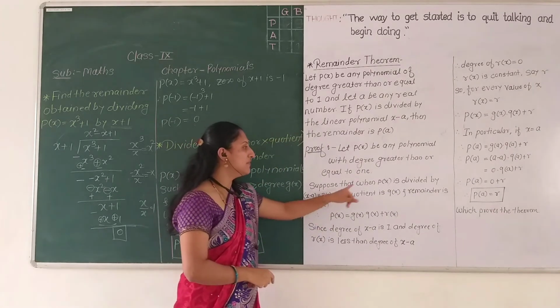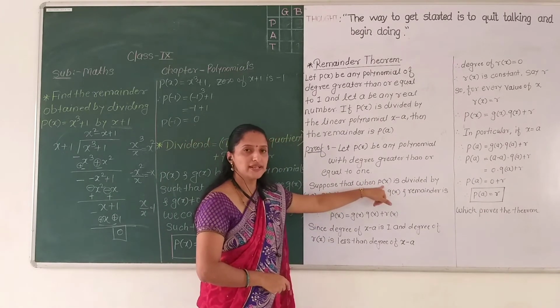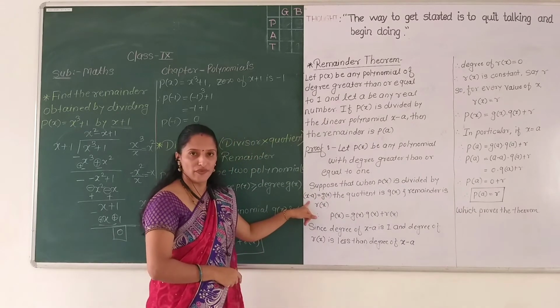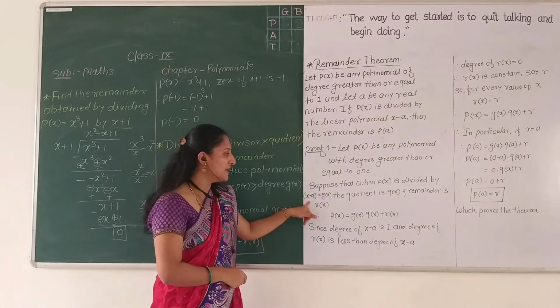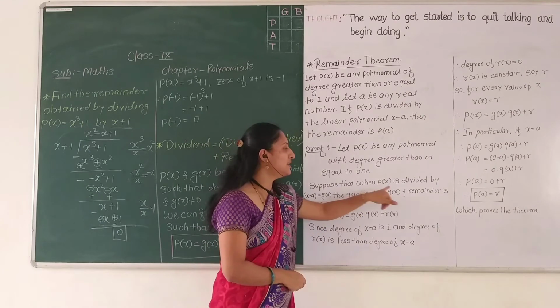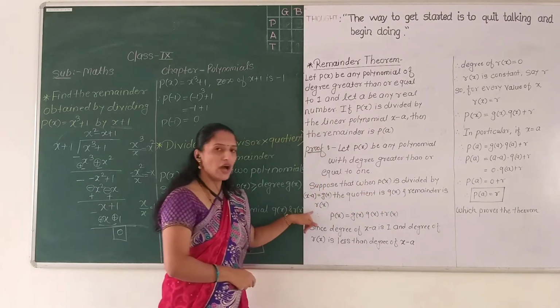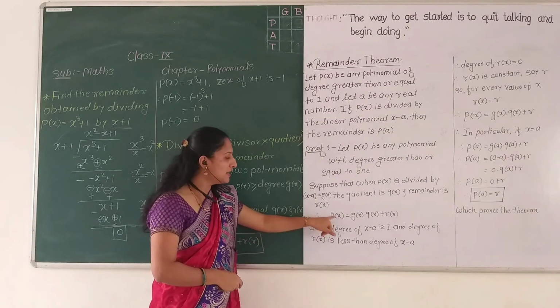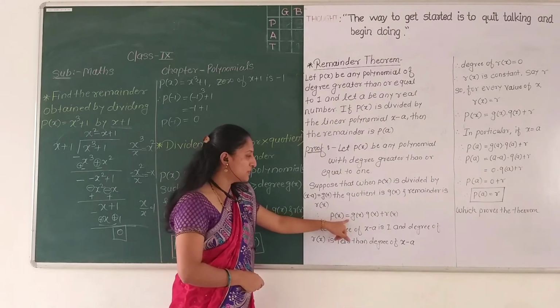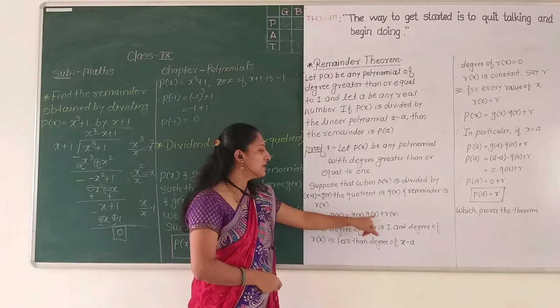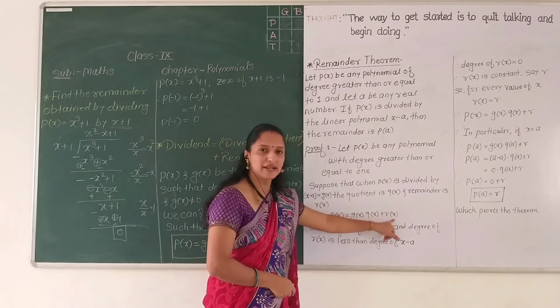When we divide the polynomial P of x by the polynomial g of x, that is x minus a, we get quotient q of x and remainder r of x. So we can write dividend is equal to divisor into quotient plus remainder.